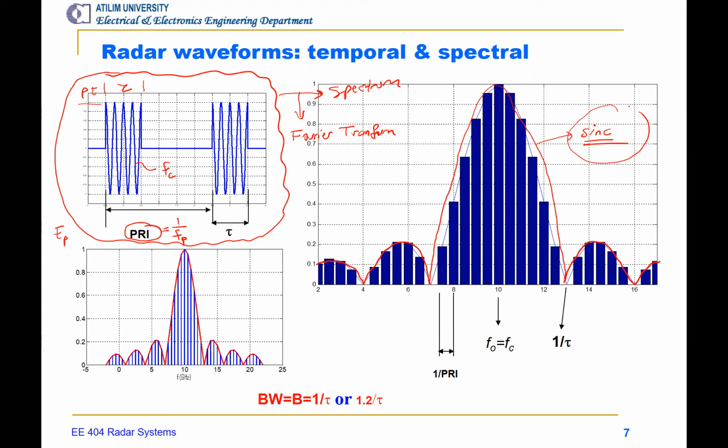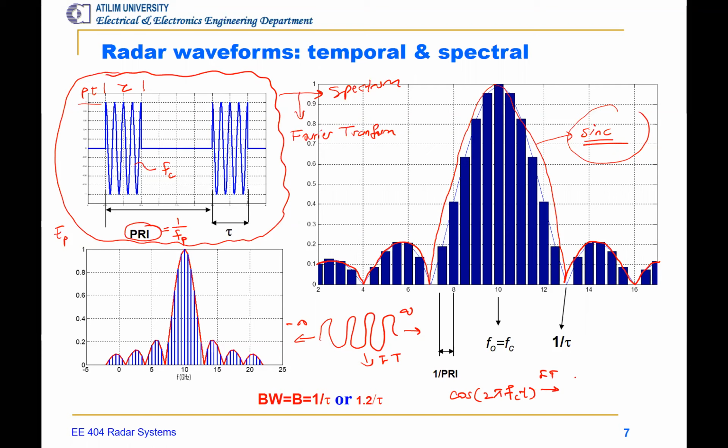How about if we consider a cosinusoid only, from minus infinity to plus infinity? What is its Fourier transformation? Do we remember this? Again, Fourier transform, Dirac delta.